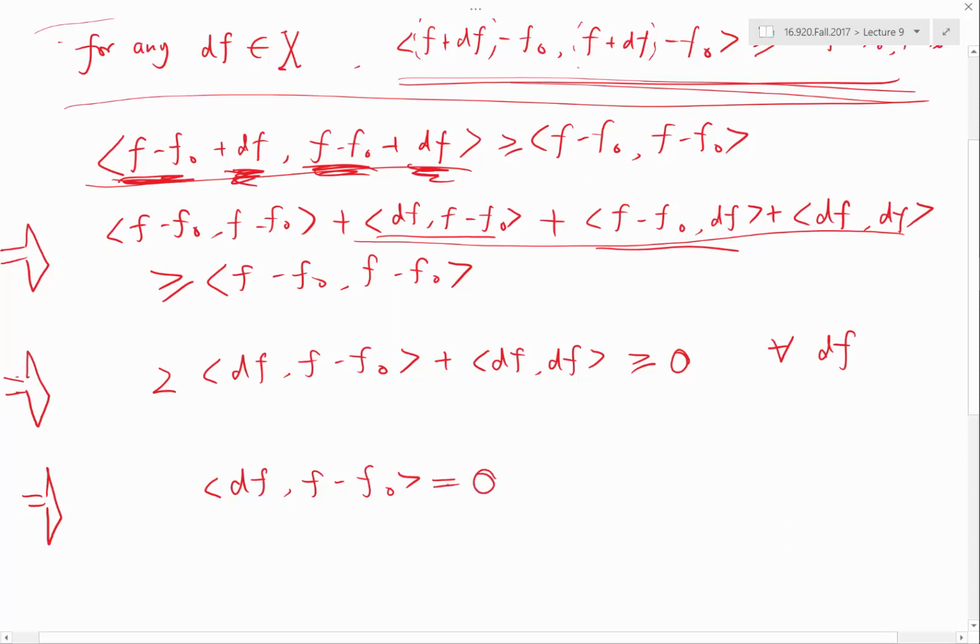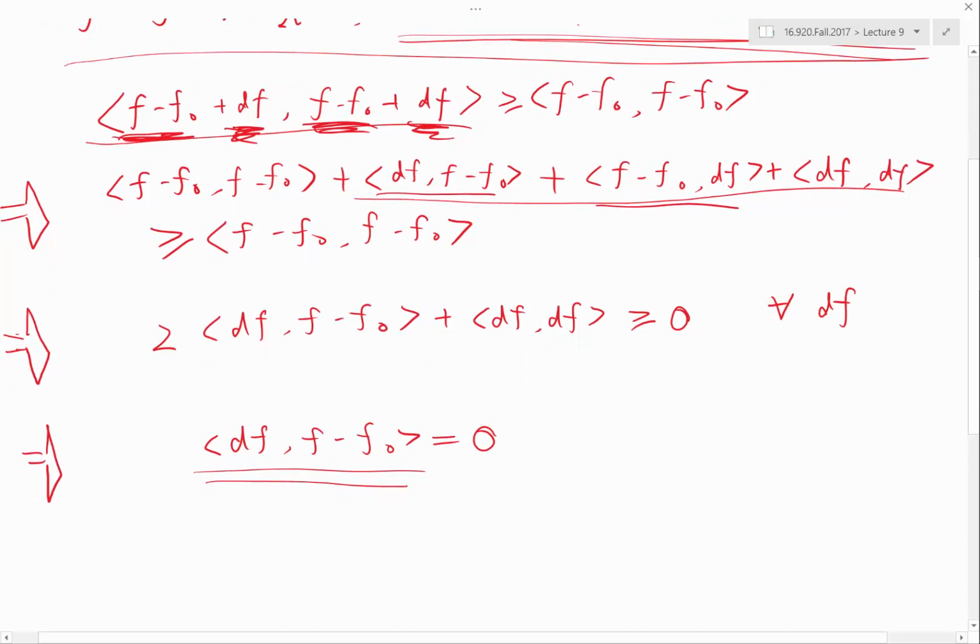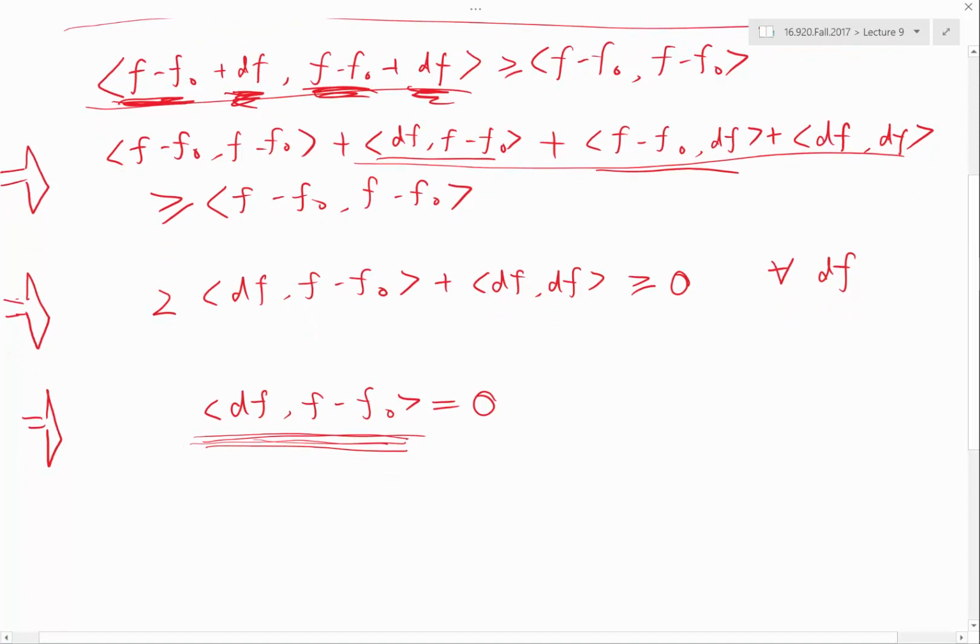Why is that the case? Because if this term is greater than 0, then I can choose a negative df that makes this less than 0. So basically, if there exists a df that makes this greater than 0, then there also exists a df that makes this less than 0. But if there is a df that makes this less than 0, then I can always scale df to smaller values to make this quadratic term have a smaller magnitude than this linear term.